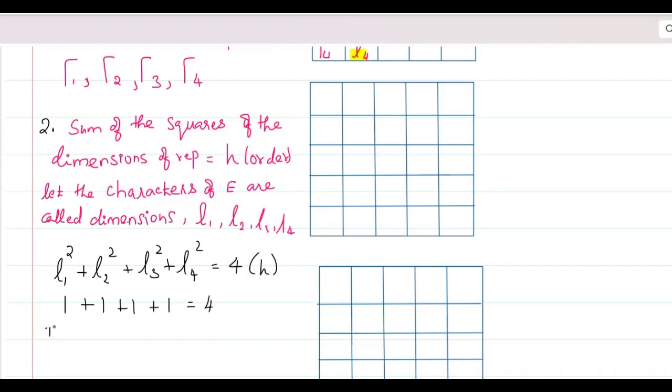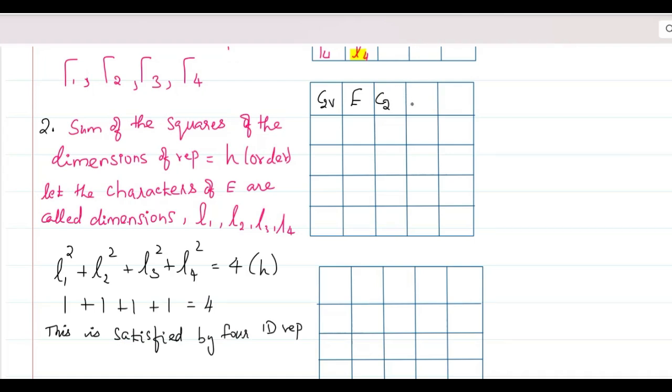So this is satisfied only by considering 4 one-dimensional representations.